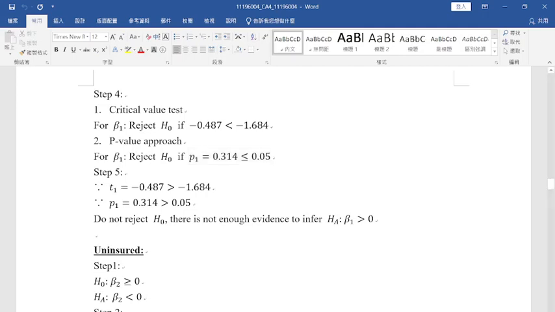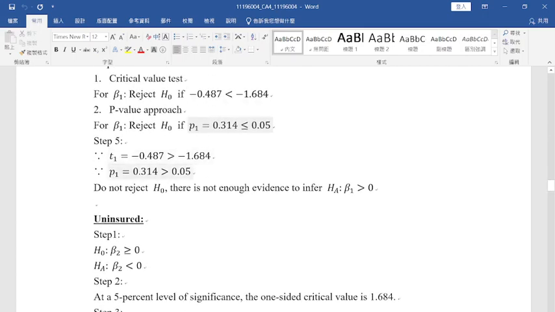And for the p-value, the rule of rejection is if the p-value is smaller than 0.05, we reject the null hypothesis. I typed it wrong here.